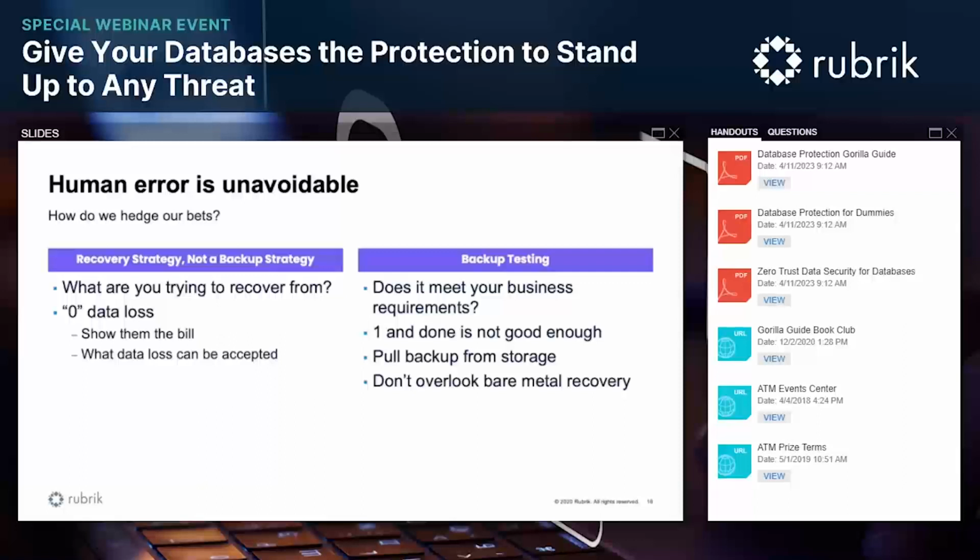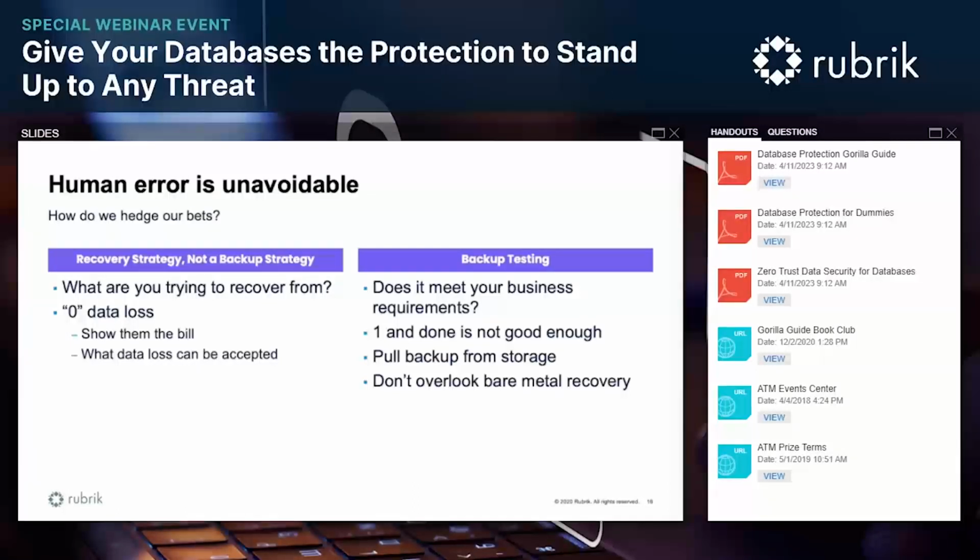We're making the funds available for it. Make it happen. But if they can't afford it, then it's time to step back and say, okay, well, what can we actually tolerate for loss here? So you can start building recovery rules to ensure that you can hit those targets. For example, a 15-minute RPO for your critical applications and the databases that support it.